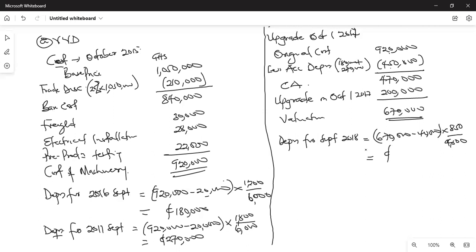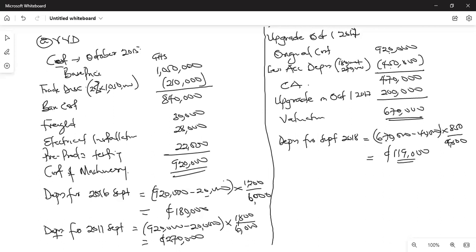Need to punch your calculator. Then we are having 119,000. So this now forms our depreciation for the specific year.